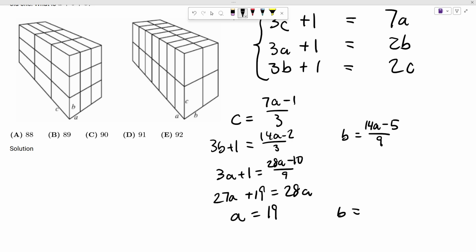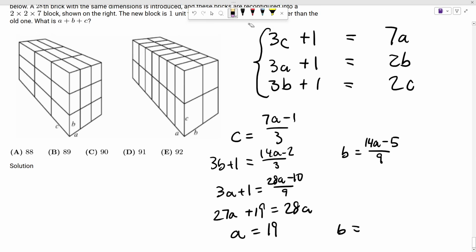And then B has to equal 14 times 19 minus 5, which is going to be 261 minus 5 over 9, which is 250, what? 255 over 9? What's 255 over 9? Wait, that's not divisible. Did I do something wrong? Hold on, I can't find the mistake. Hold on.